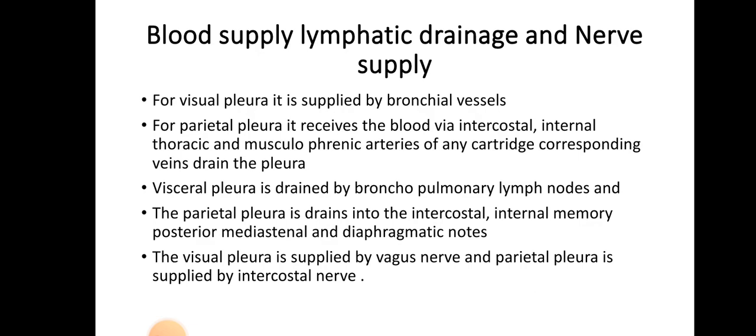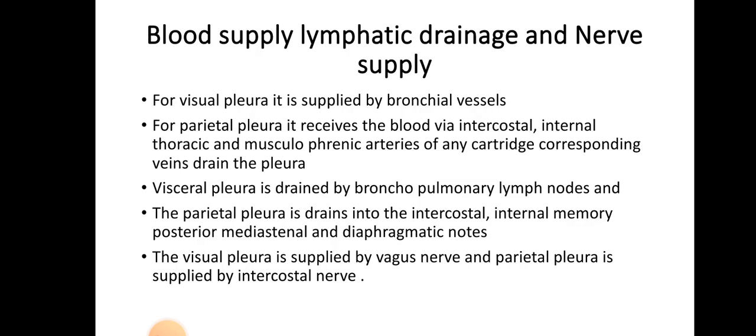Musculophrenic means muscle and phrenic, which refers to the diaphragm. These arteries supply blood, and all the corresponding veins drain the pleura.